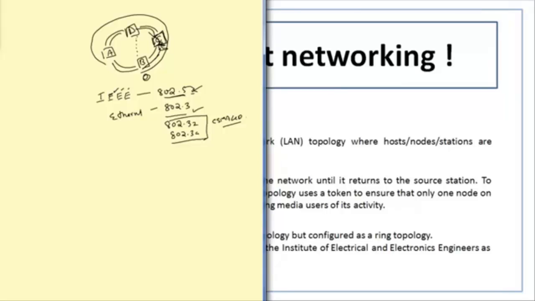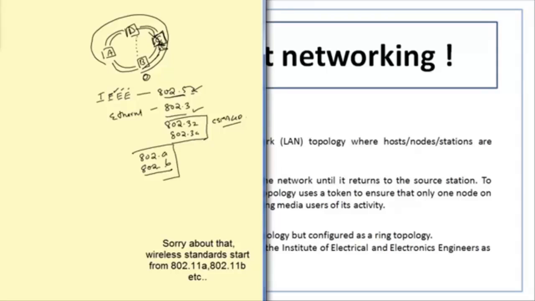Similarly, just to let you know, in wireless, you should have seen when you buy phones, they specify Wi-Fi 802.11a or 802.11b, something like that. So these are wireless standards.